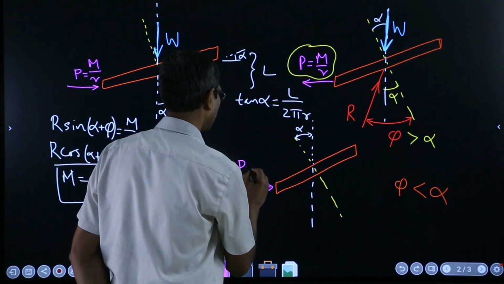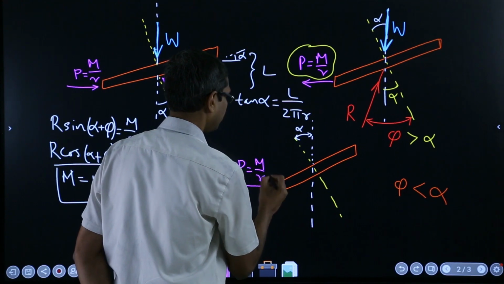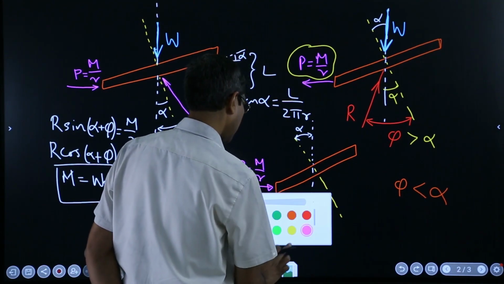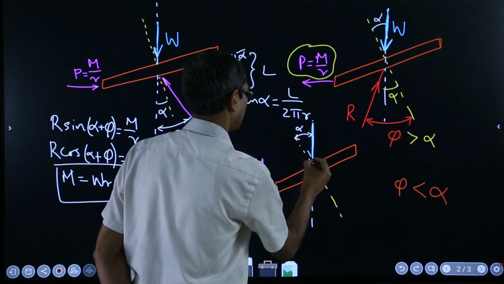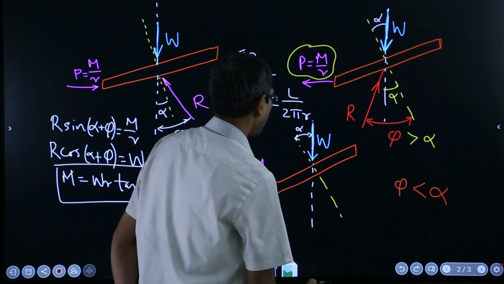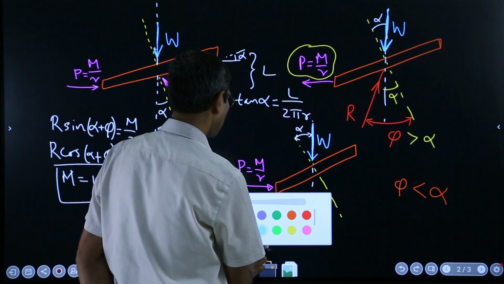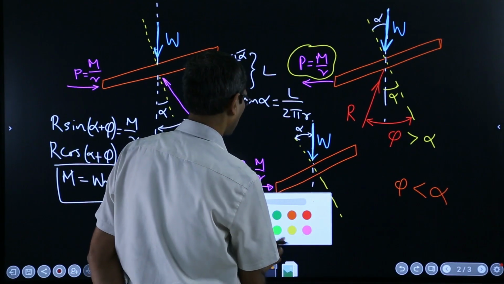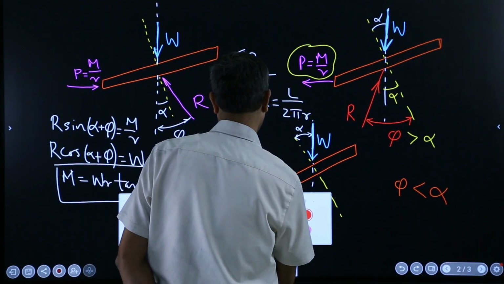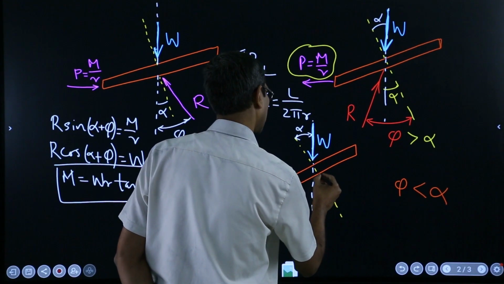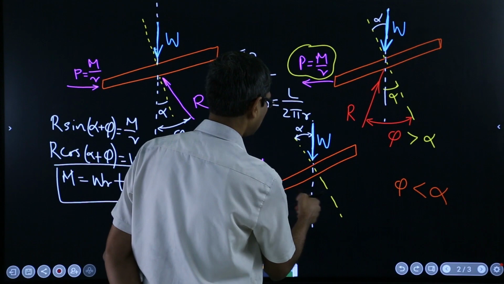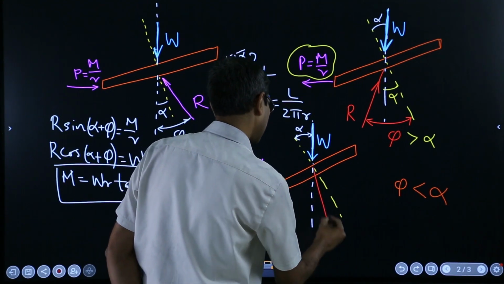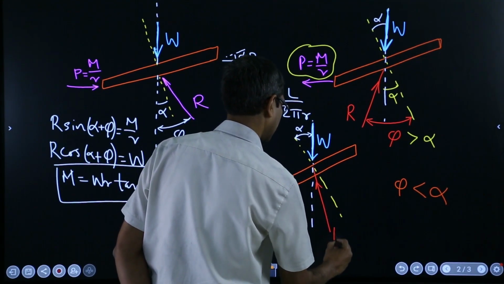So P again is equal to M over R, and again I will show the weight like this. Now you have to apply your R in this direction. Now your alpha is more, so this is alpha, and I'll say R something like this.